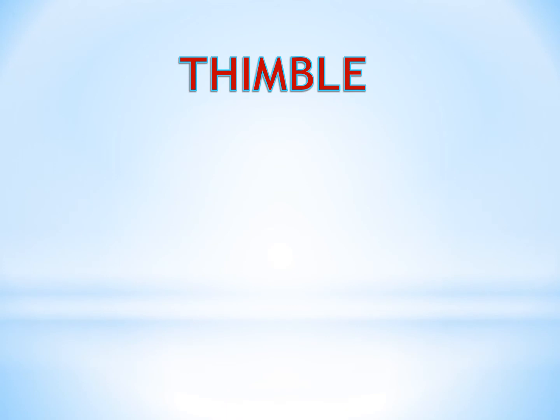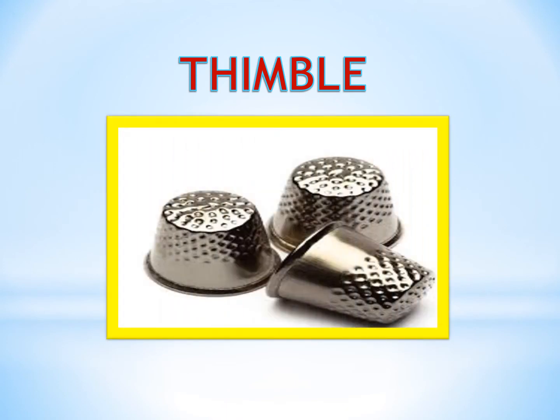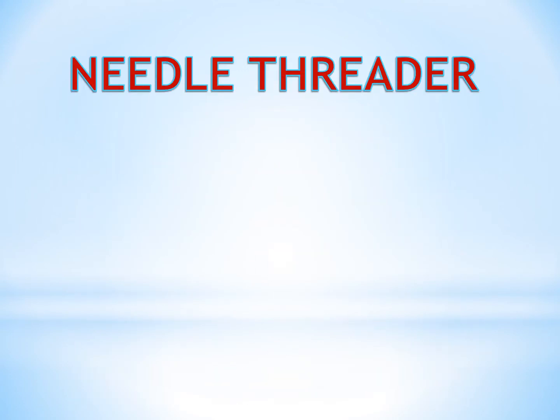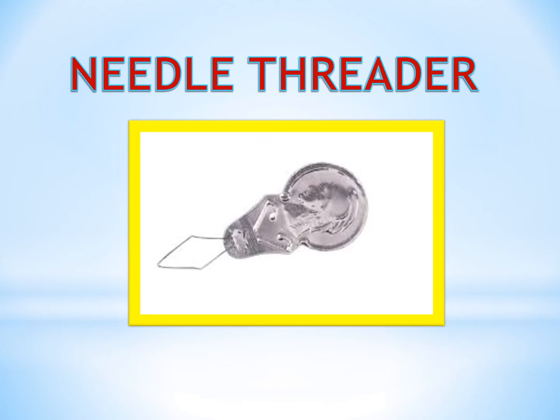Thimble. A small, hard, fitted cup worn for protection on the finger that pushes the needle in sewing. Needle threader. A device used to put a thread through the eye of a needle.